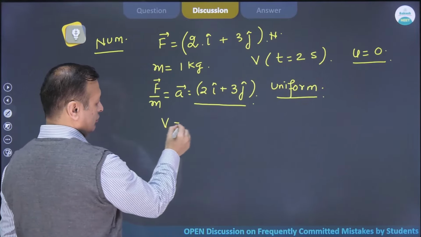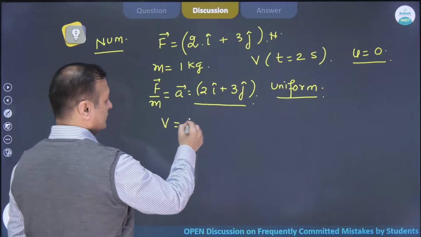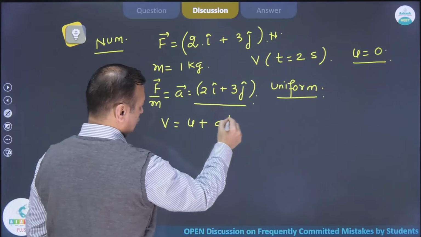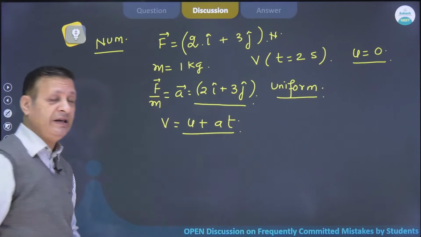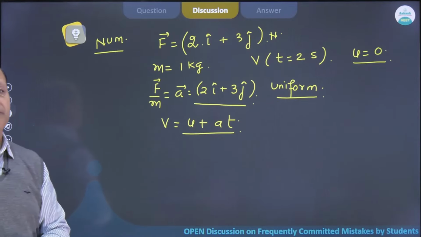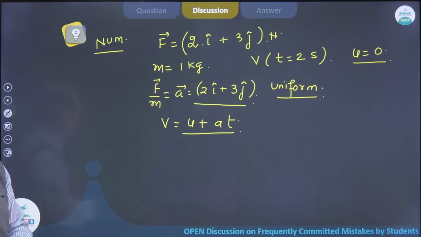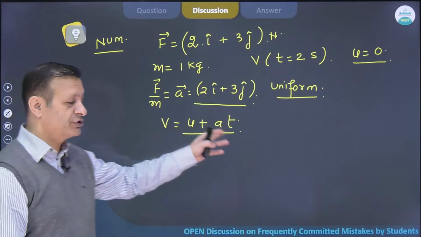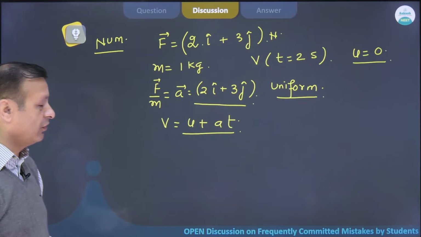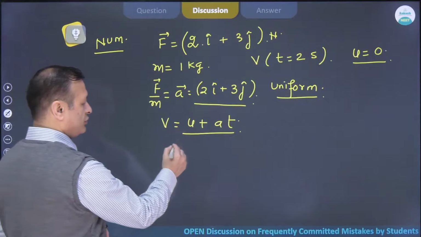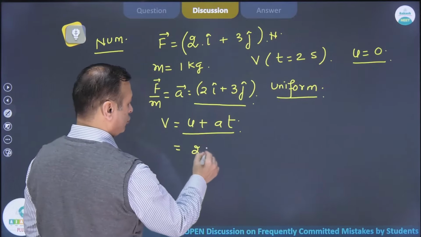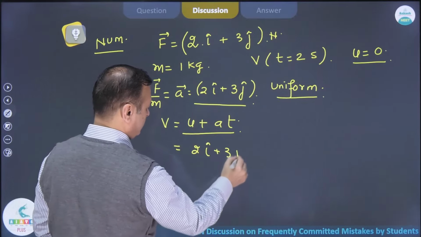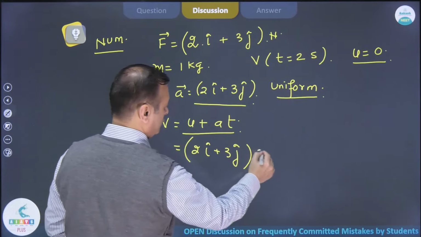Now if I have to find out the final speed at the end of 2 seconds, then this is the best equation we'll be going for. Reason being, this time we have a constant or uniform accelerated motion, and this equation is a well-deserved candidate for solving this. So u is 0, a is 2 i cap plus 3 j cap, and time is 2 seconds.